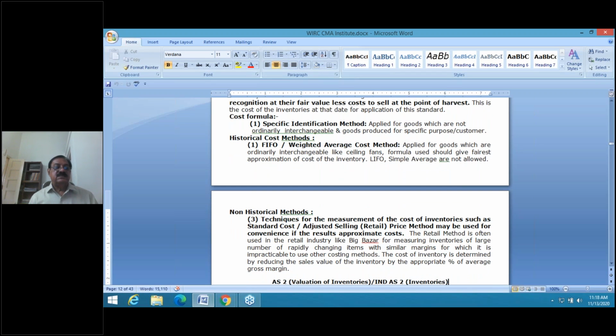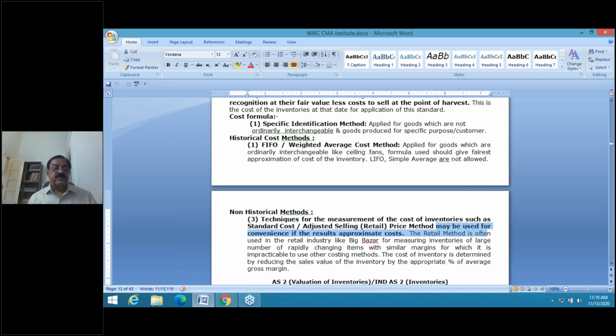But in certain cases, it is not possible to measure the inventory cost at FIFO or weighted average. Then you have to go to non-historical methods, which are techniques for the measurement of inventory cost, such as standard cost or adjusted selling retail price method. The retail method may be used for convenience if the results approximate cost.